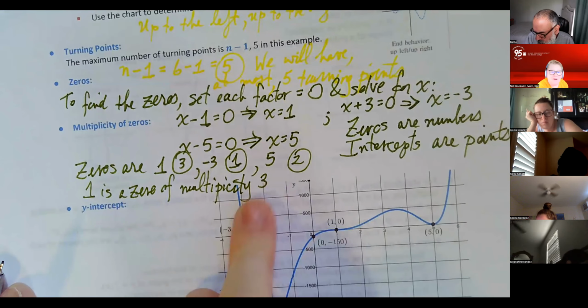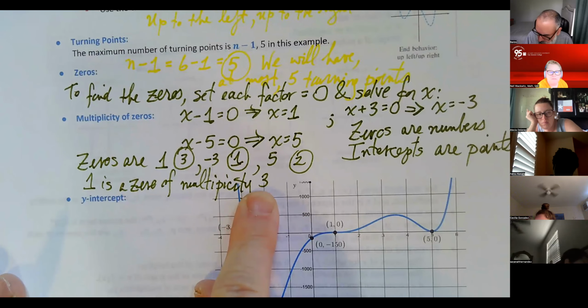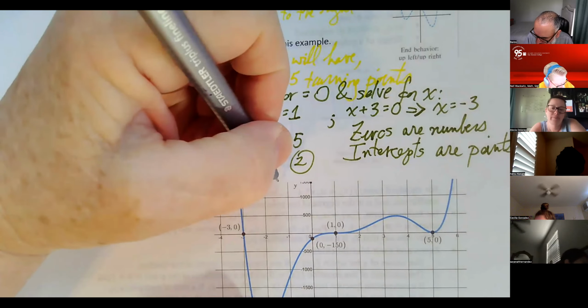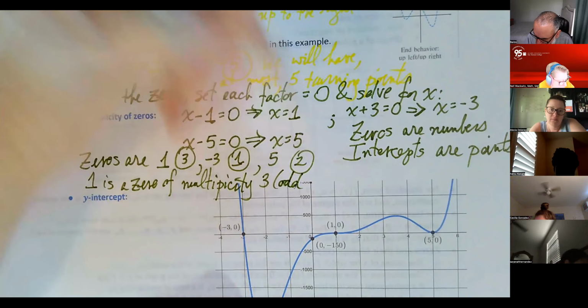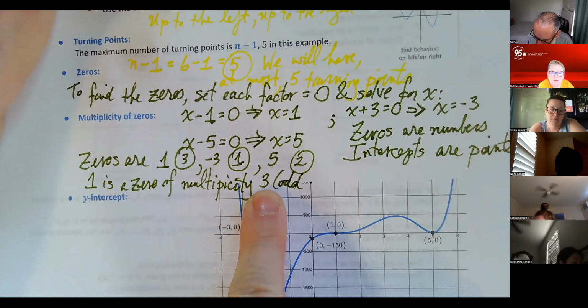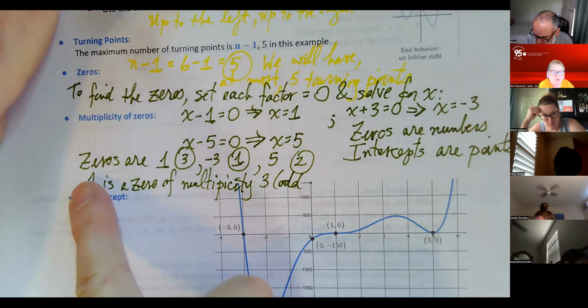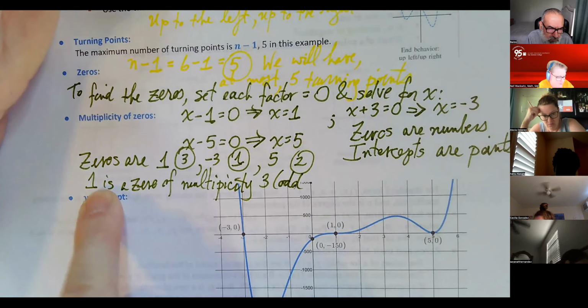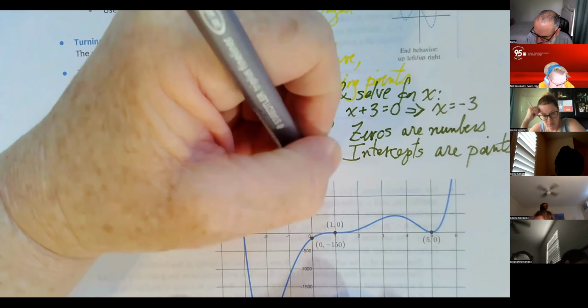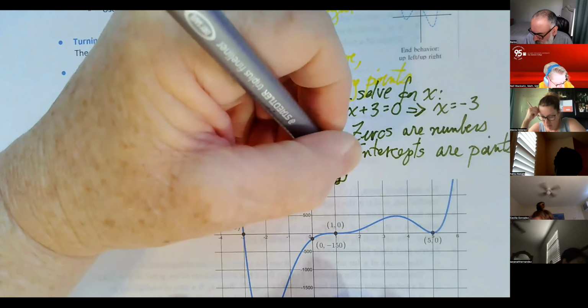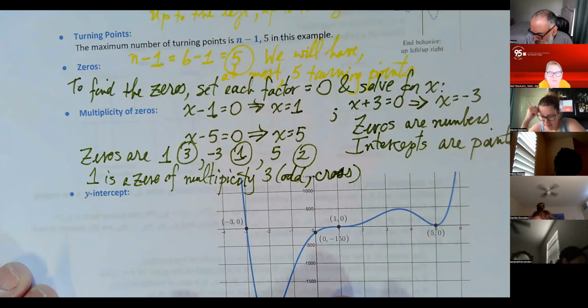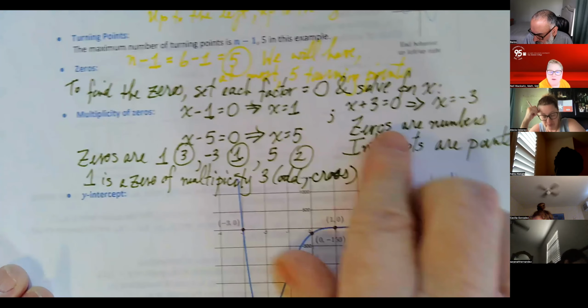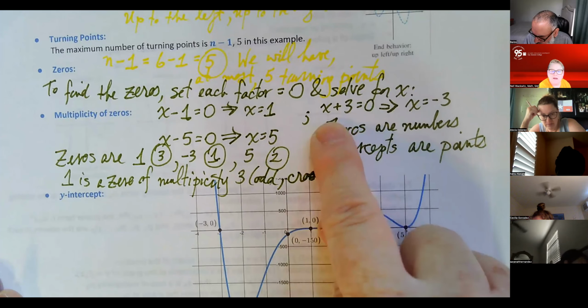So is 3 even or odd? Odd. When the multiplicity is odd, the graph will cross at 1. So I'm just going to put cross for now. Okay, what about the factor x plus 3?